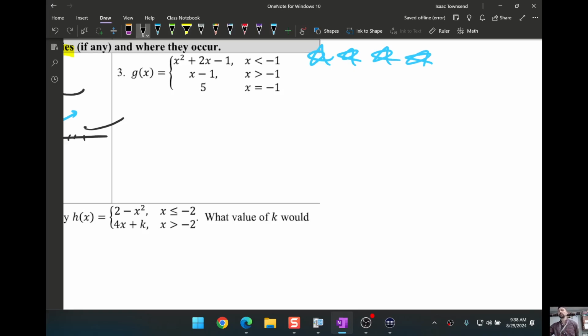Okay, but same idea. X squared plus 2x minus 1 is continuous, x minus 1 is continuous, and y equals 5 is continuous. But this function may not be handing off to this function at the right y values, and this function might not be handing off to this at the right y values. So we need to see where this graph is at this time.